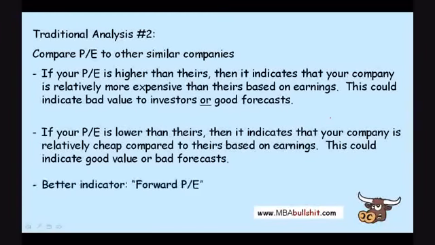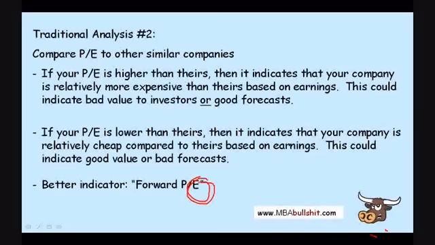Alright, so therefore I would recommend, if available, a better indicator. If you're actually investing in stocks, a better indicator would be what we call the forward PE, or the forward price earnings ratio, where the earnings, the number that you input here, is not based on last year's earnings, but it's based on next year's estimated future earnings.